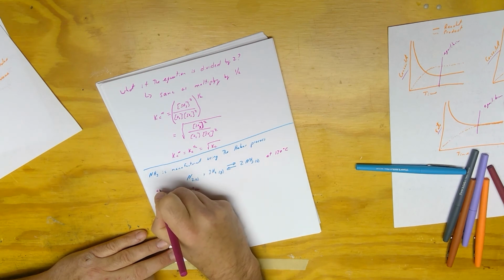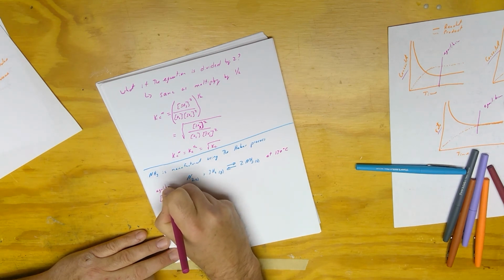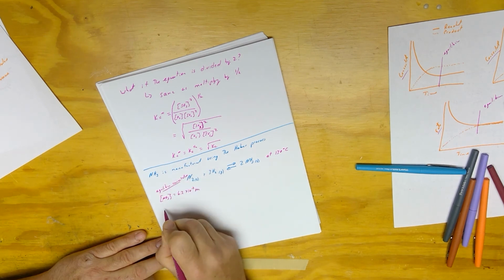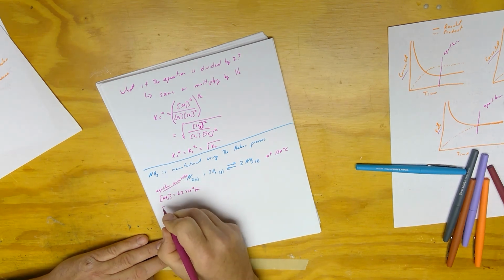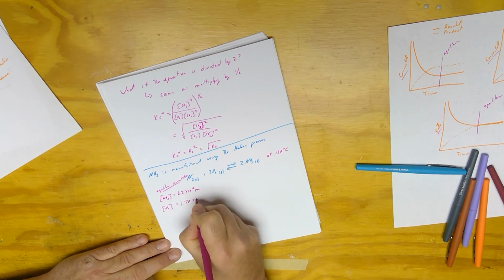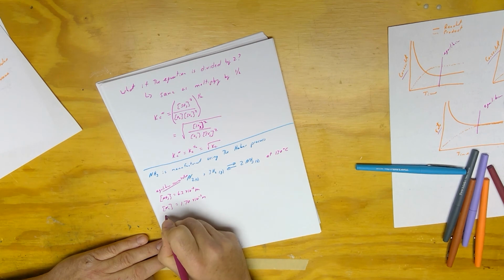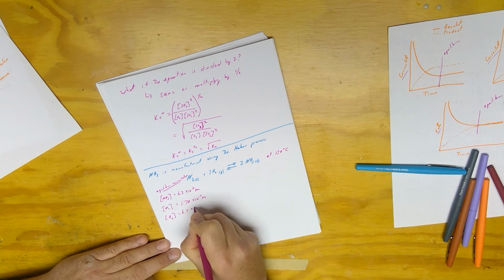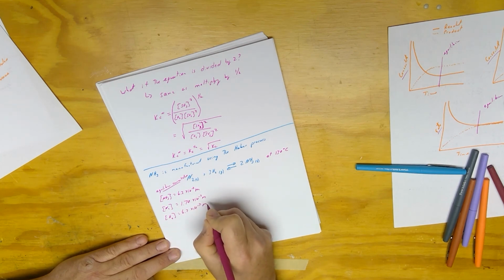And let's just write equilibrium concentrations. And the concentration of N2 is equal to 1.70 times 10 to the minus 2nd molar. And the concentration of H2 is equal to 6.2 times 10 to the minus 3rd molar.